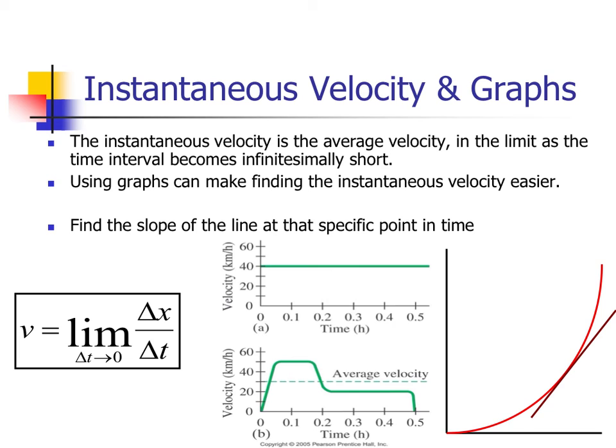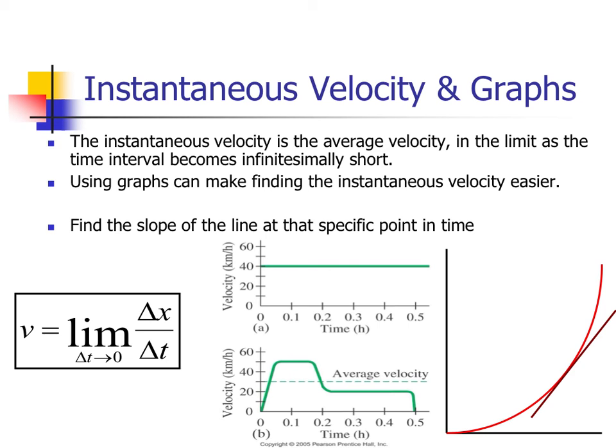So the limit equation has us looking at the displacement over a time interval again. But a limit equation has some extra information. For those of you that have not taken calculus, that's fine.